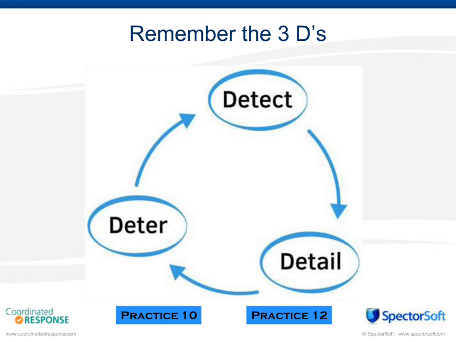The next step on this 3 Ds life cycle is detail. You want to be able to look at an employee's actions in detail when necessary. I believe that for highly privileged users, it's almost always necessary to do so. But in general, if you have a suspicion, if you think that something may be going on, if you're seeing alerts on the way someone's communicating, for example, or we talked about earlier, somebody potentially getting ready to leave the company, you want to have a detailed view into what they're doing.